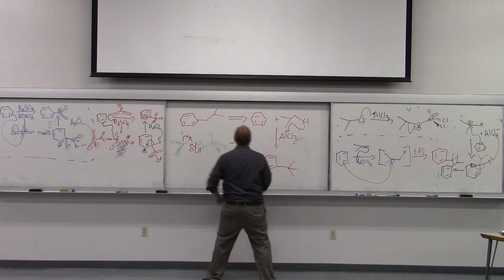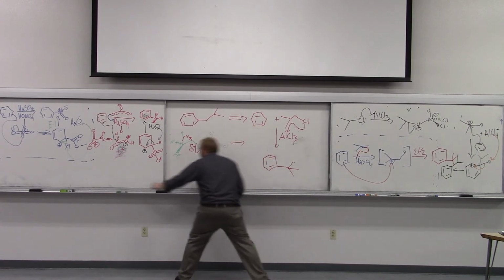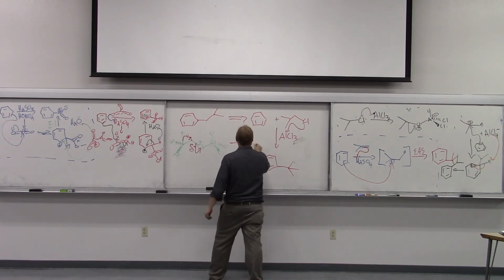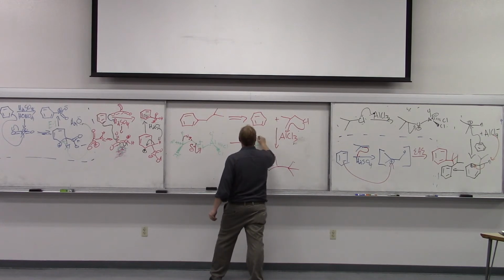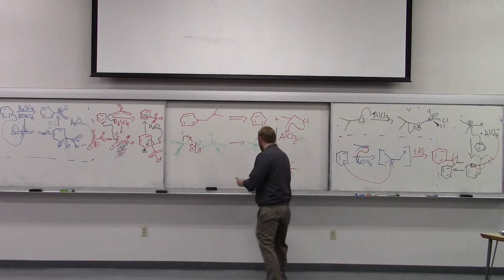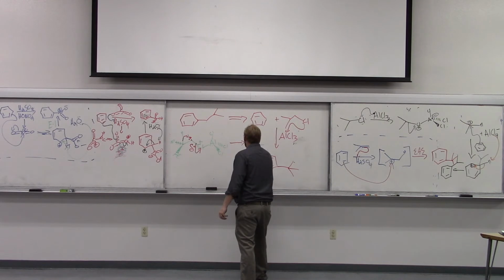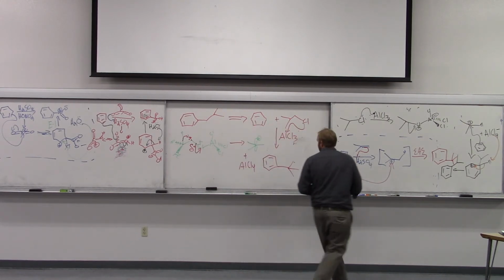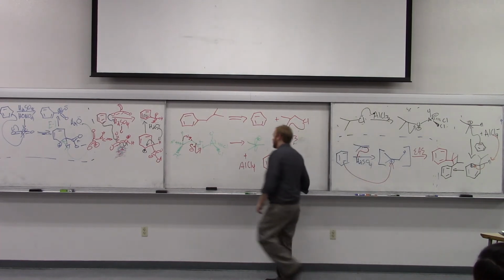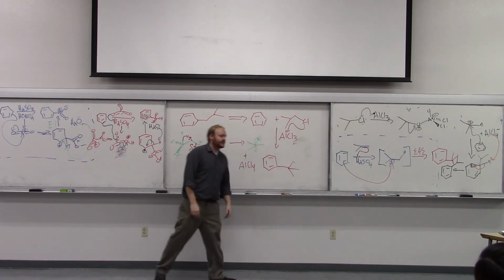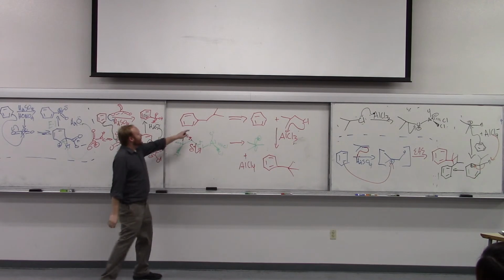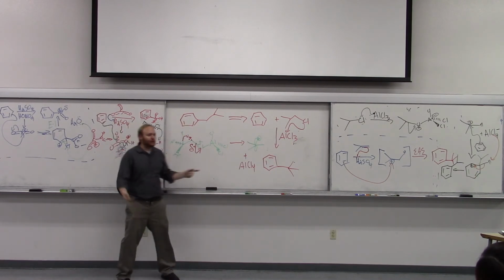From this hydride shifting, that's going to give us our tertiary carbocation plus AlCl4. And we'll get this product. So, if we really do need to make this, how do we do it?